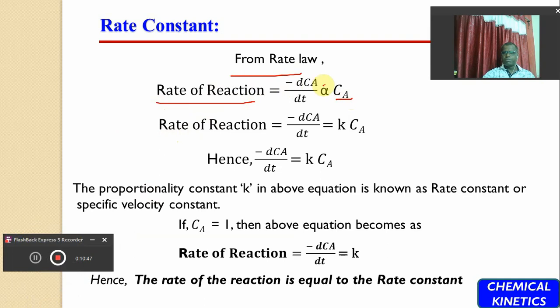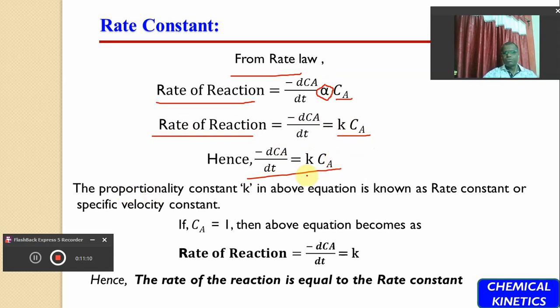Here the proportionality sign can be removed, and instead we take a constant. So the rate of reaction will be equal to K into the concentration of reactant: minus dC_A by dt is equal to a constant into the molar concentration of reactant A.